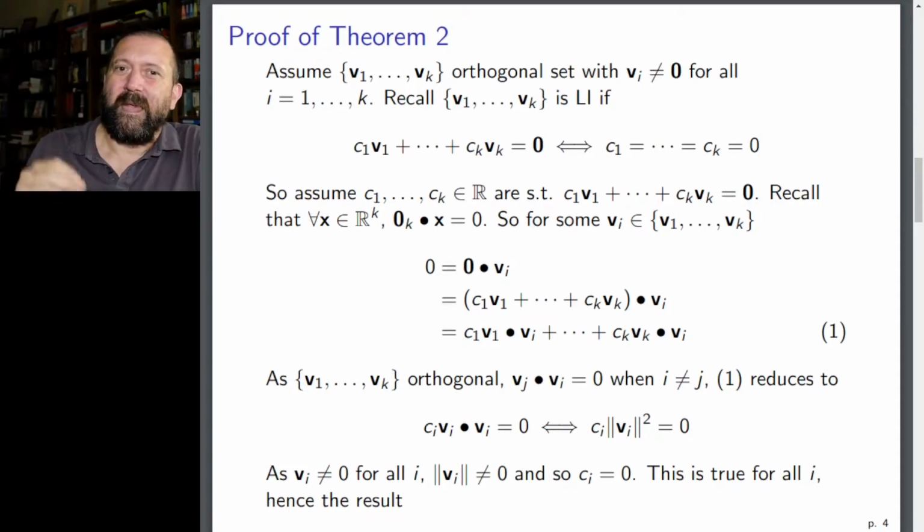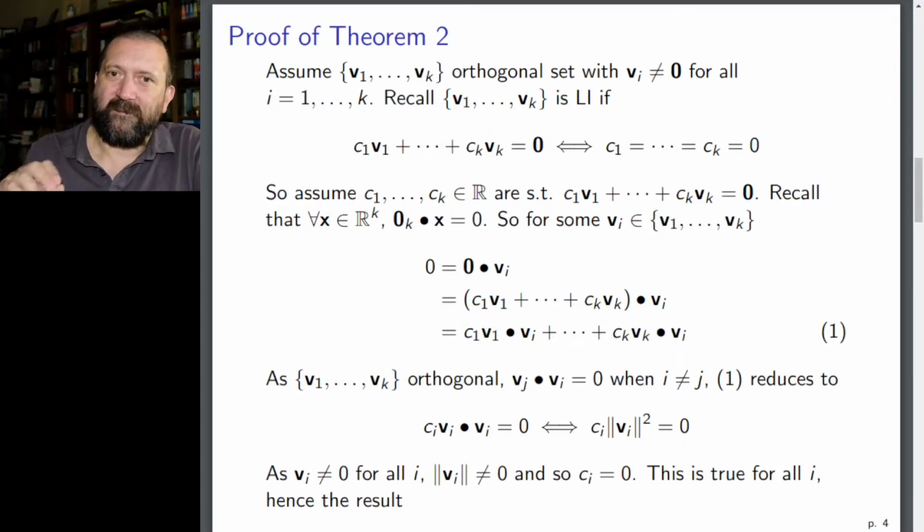Okay, and I'll remind you what we saw in the linear algebra review: a set of vectors v1 to vk is linearly independent. And just in passing, you can see I'm writing LI because it comes up so often that I'm going to use this.